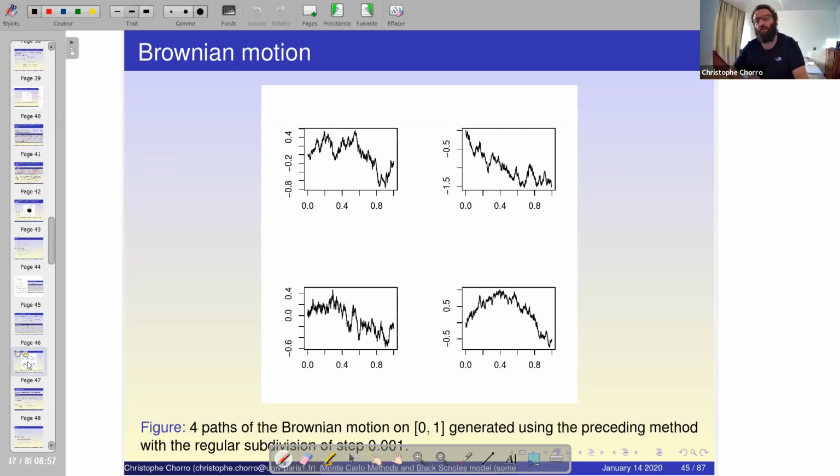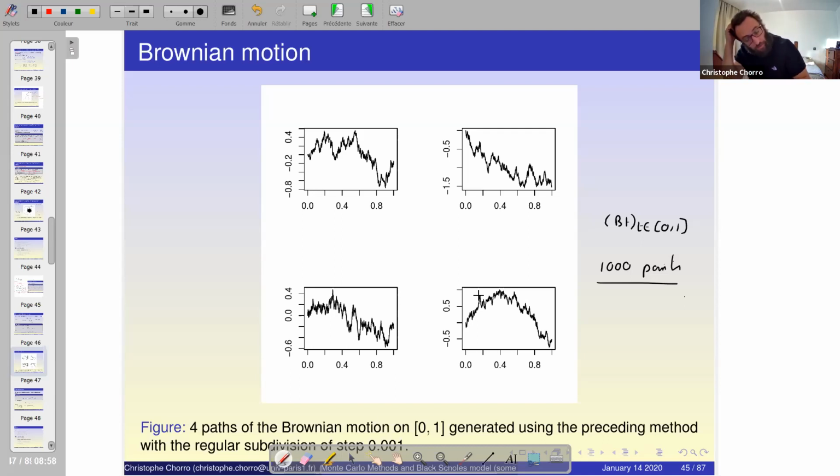Here I have used the previous methodology in order to generate 4 trajectories. So you have here 4 trajectories of B_t, t belonging to [0,1], with 1,000 points in my discretization. You have this kind of trajectories that you can obtain.